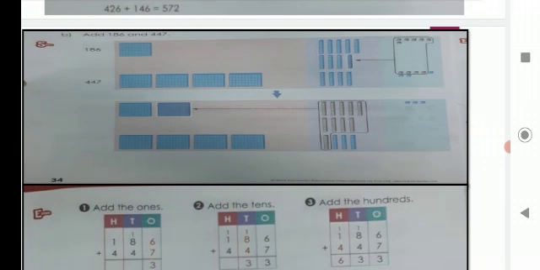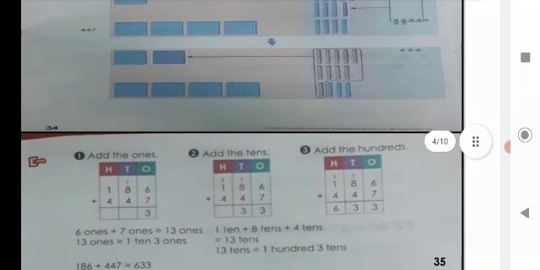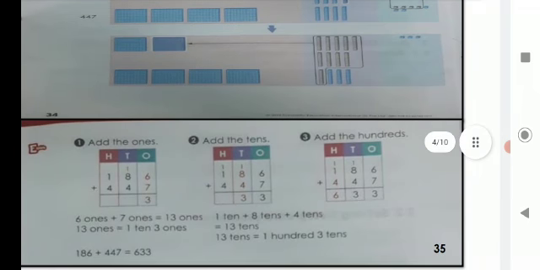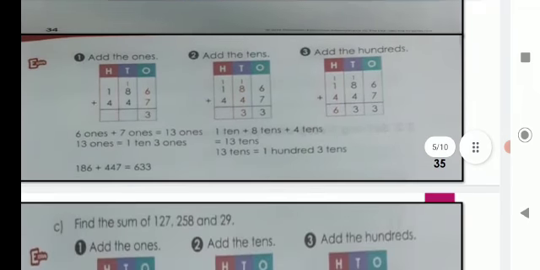Then I add that 100 that I made from the tens column into the hundreds column. So now in the hundreds column I have 6 blocks of hundreds. This is how I can add these with the help of blocks.